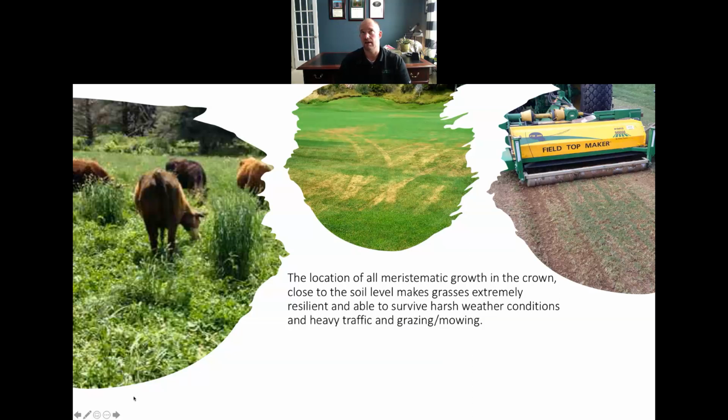And we use that practice on athletic fields. Sometimes if we get overrun with poa annua or something else, it can be part of a management tool that we use to basically clean the surface and remove those weedy grasses and other stuff that we don't want in there, because it only leaves the grass that we want, to survive. And that can sometimes be an important management tool.